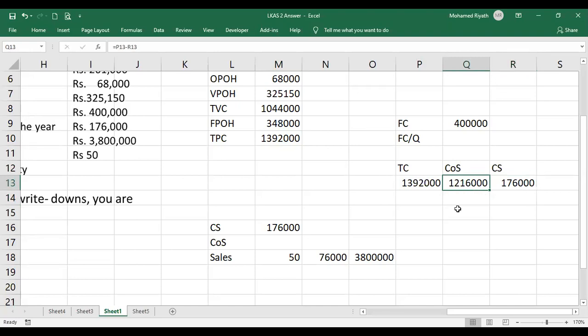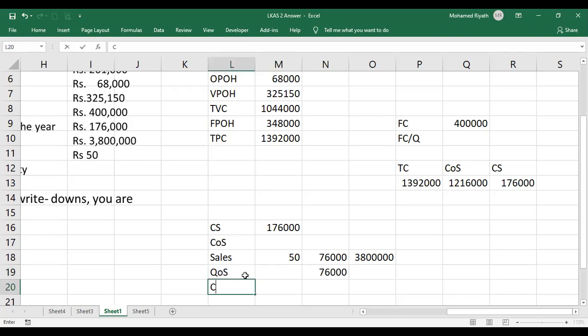Now from the cost of sales, we know the quantity of sales: 76,000 units.